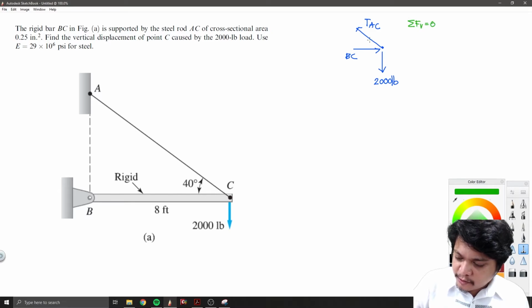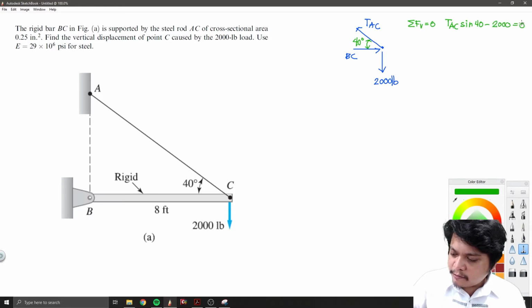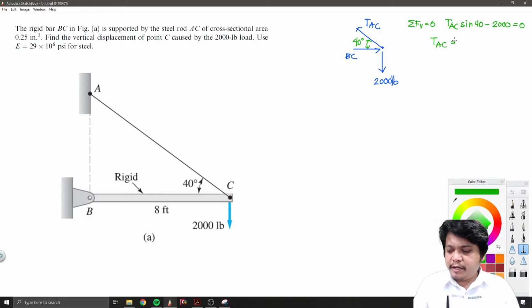Vertical equal to 0. So, this one is 40 degrees. So, I will be having here TAC sine of 40 minus 2,000. And that would become equal to 0. So, you will be having here TAC.